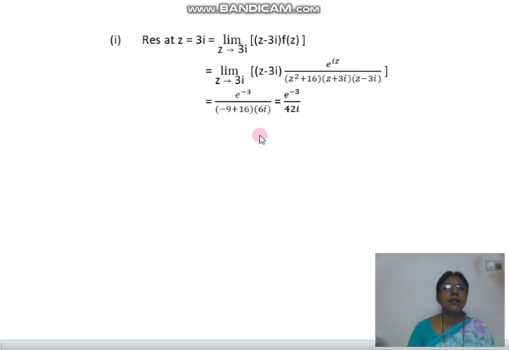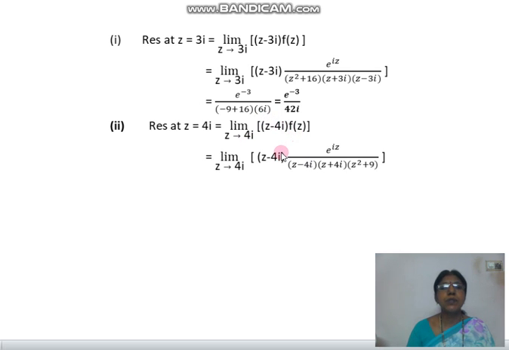See the second residue at z is equal to 4i. Same limit, z tends to 4i of z minus 4i into f of z. Substitute f of z. Since 4i is a root of z square plus 16, in its place we write z minus 4i into z plus 4i. After cancellation, z minus 4i cancels.